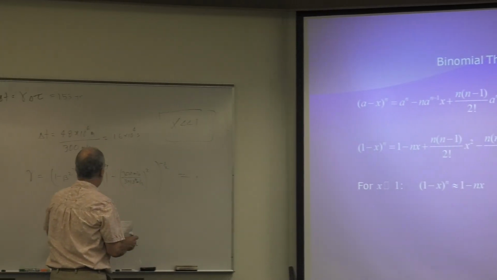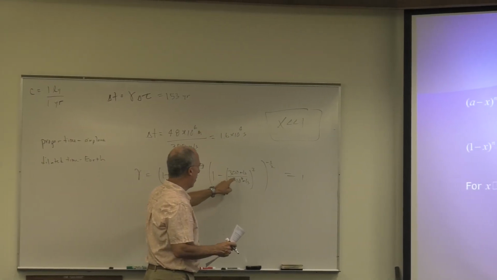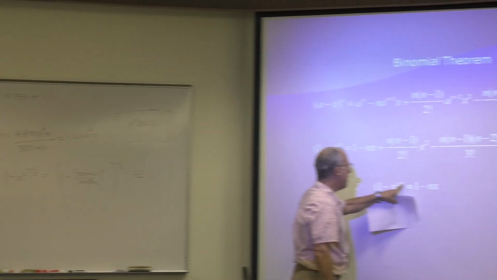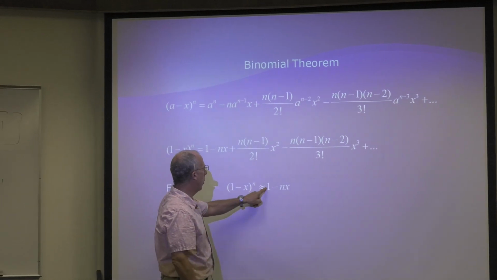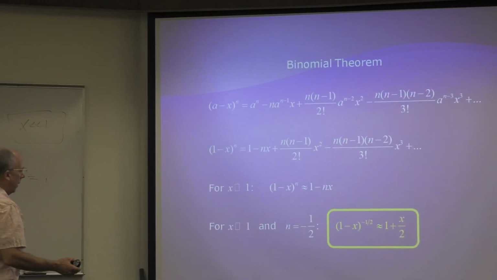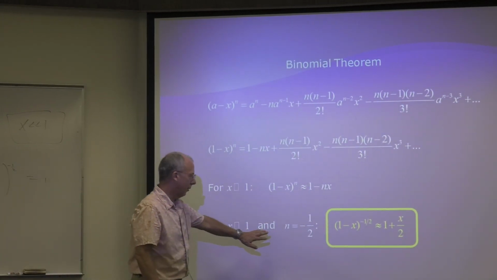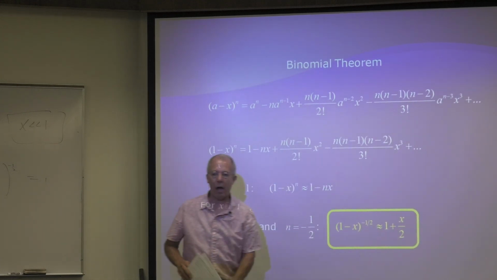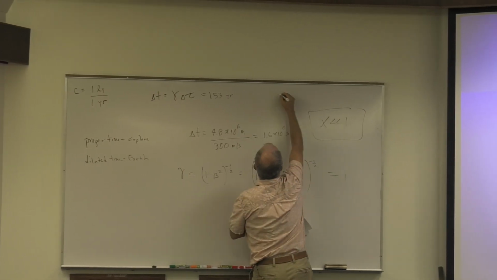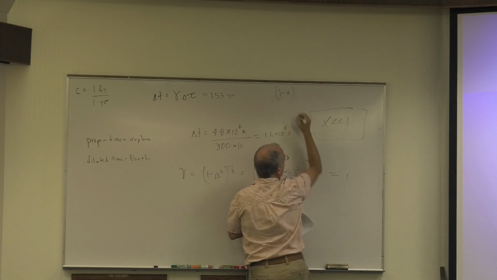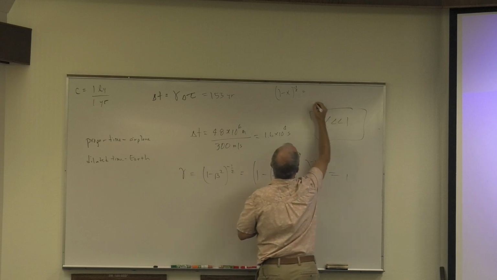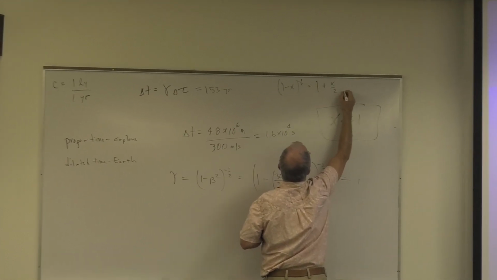Now, what we have is 1 minus something small to the negative 1/2 power, so our n is negative 1/2. That means it's going to be 1 plus x divided by 2. This is something that we use a lot in relativity, so let's write that down: 1 minus x to the minus 1/2 power is equal to 1 plus x over 2.